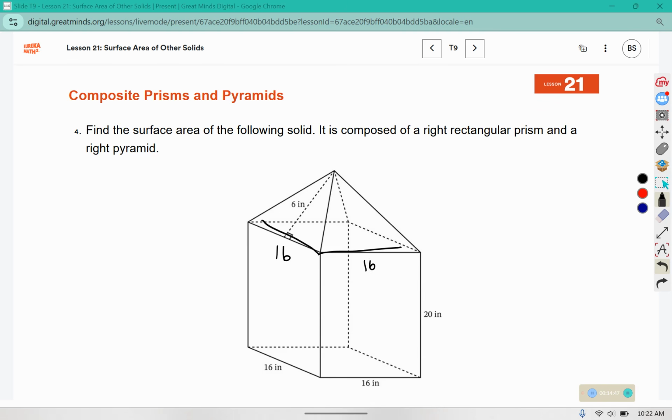So all 4 of those triangles are going to be identical. So it has a base of 16, a height of 6, and it's a triangle, so we divide it by 2. But there are 1, 2, 3, 4. So we're going to times that by 4 for all of the triangles.